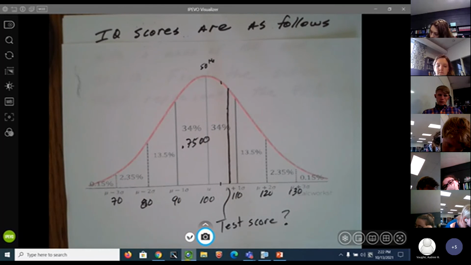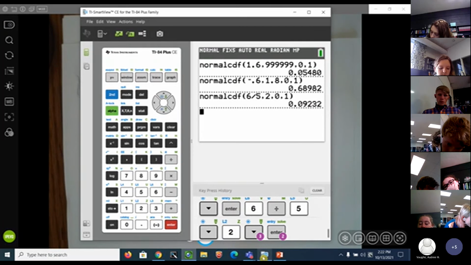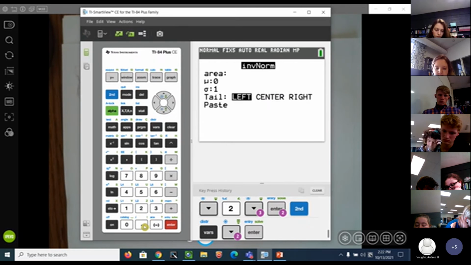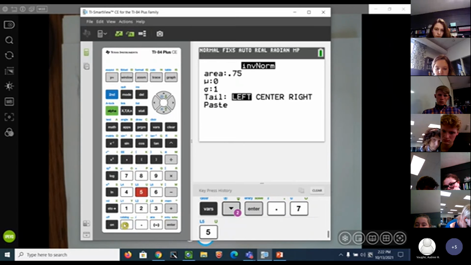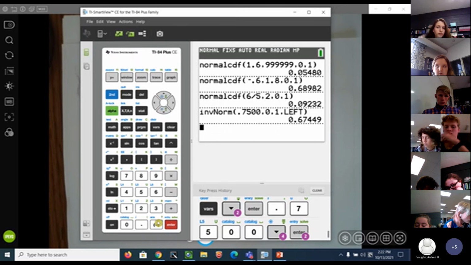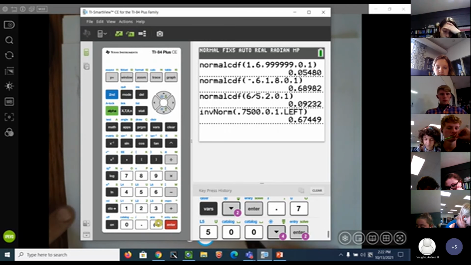So we take our handy dandy calculator and we do second vars, inverse norm, 0.7500, and hit paste and enter. 0.67449. That is, so z-score is 2 digits, so that's 0.67.